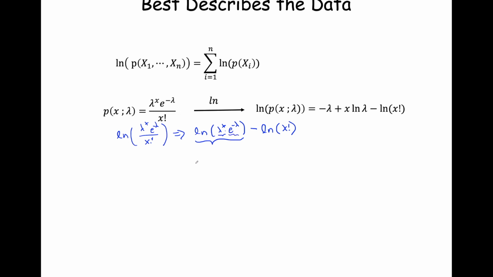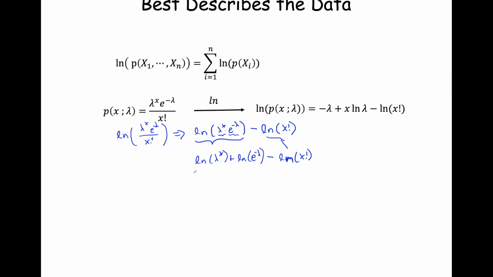So if we expand that, we say ln of lambda to the x power plus ln of e to the minus lambda power, and then we still carry down this expression minus ln of x factorial. Okay, so now we're not quite done yet. We have this lambda to the x power.